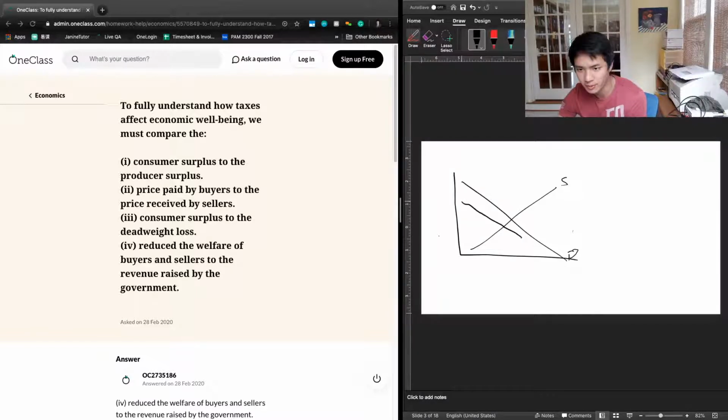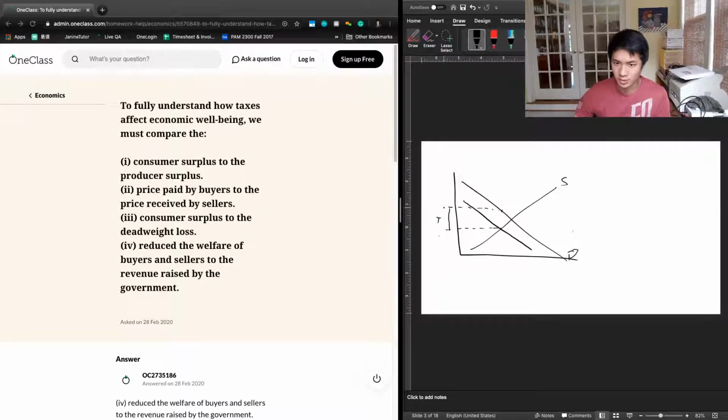The price the consumer pays would be right here, and the price that the business gets would be right here, and this would be the tax level, the difference between the two prices.